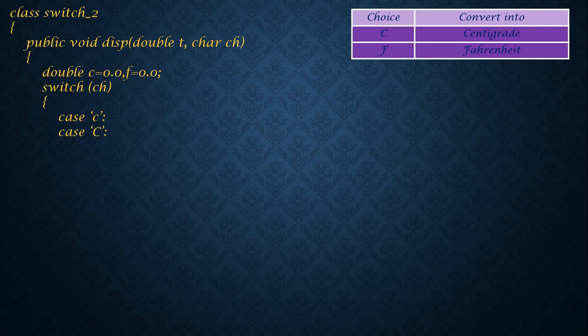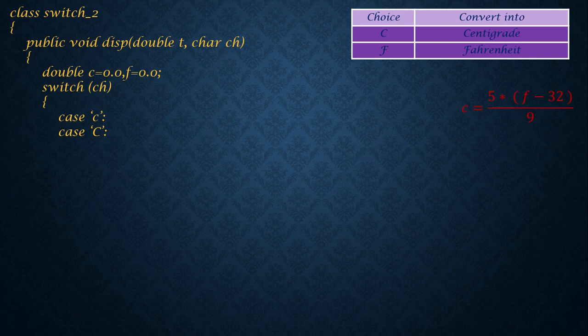Then see here that case small c and case capital C. After the first small c case, I have not given the break statement, because what I want here is that if the user gives small c or capital C, for both the cases my centigrade formula will get triggered, which is this one.